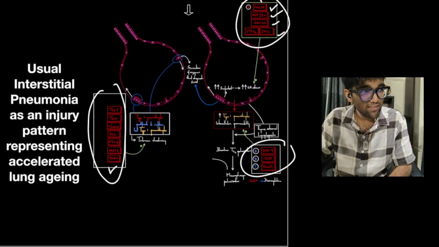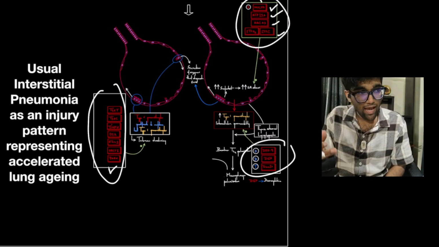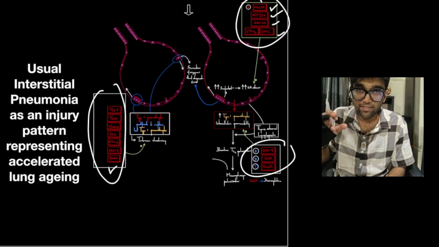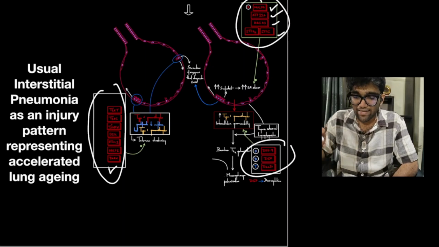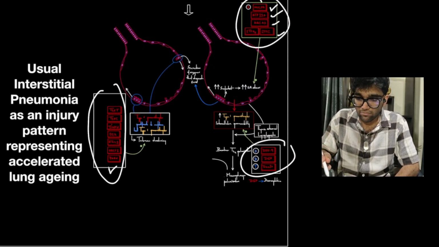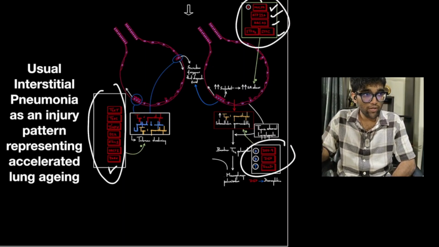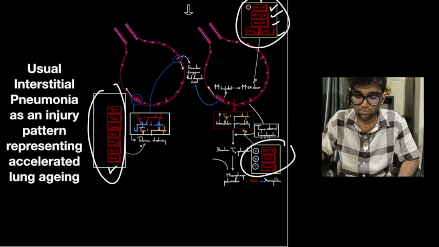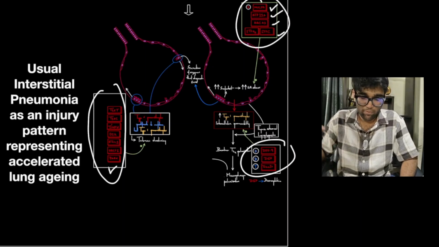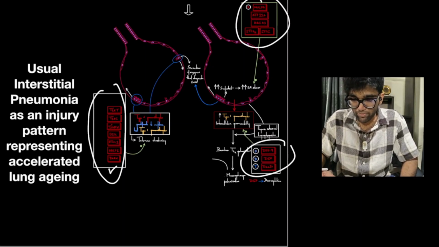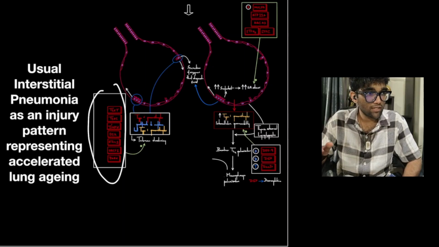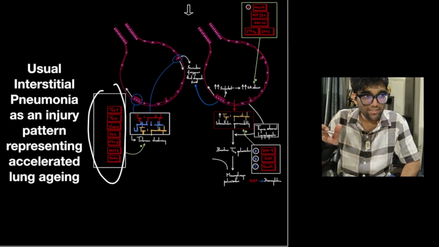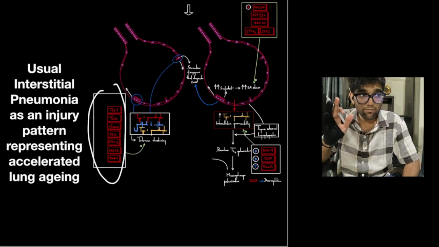And eventually when the type 2 pneumocytes also start to die, there is leakage of proteins from the alveolar lumen into the extracellular matrix around the alveolus, and that results in production of thymic stromal lymphopoietin, and that eventually will result in an increased Th2 polarized response, and that will cause M2 macrophage polarization. So this is what happens. This is a step-by-step process, and as you can see, the amount of buffer that is there on either side for a type 2 pneumocyte is genetically dependent.